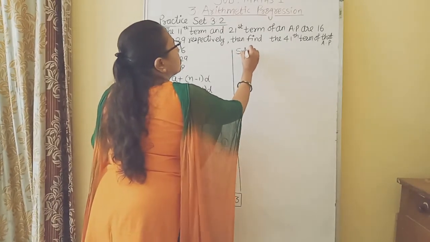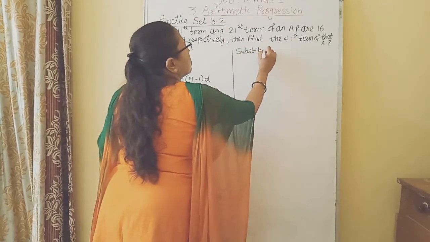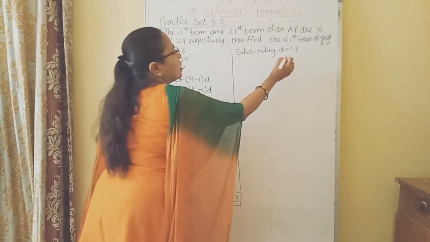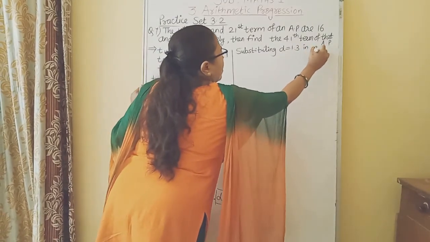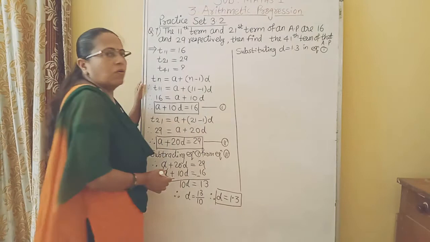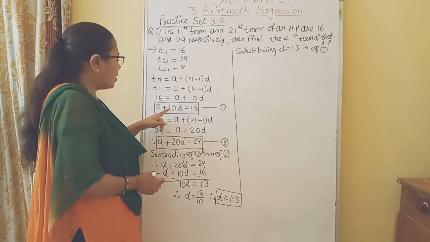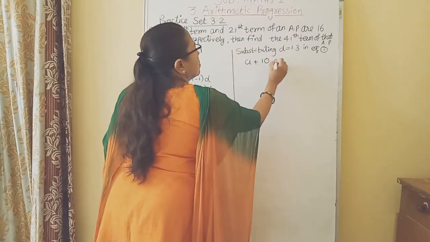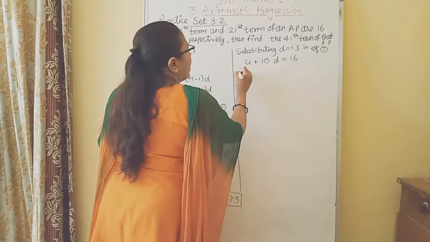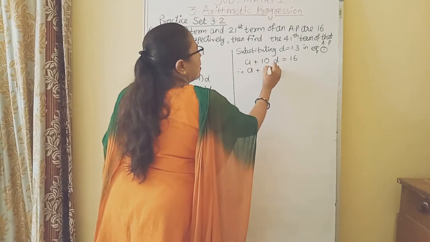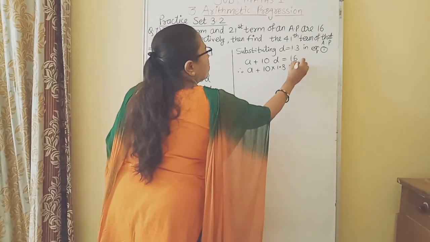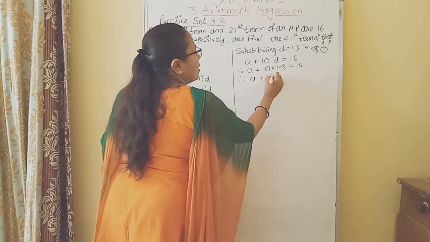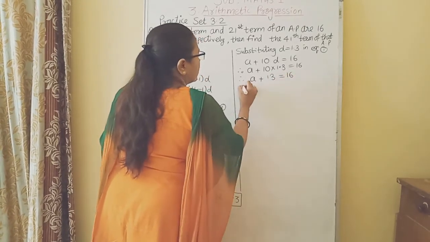Substituting D equal to 1.3 in equation 1. The first equation is A plus 10D equal to 16. Therefore, A plus 10 into 1.3, which is 13, equal to 16.